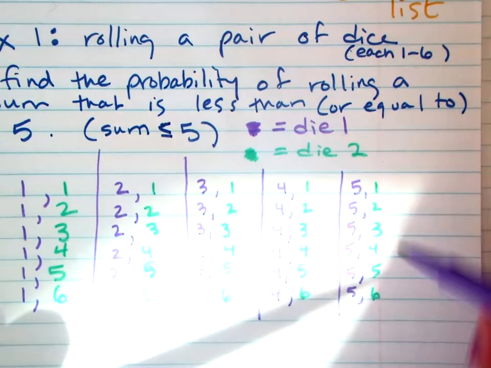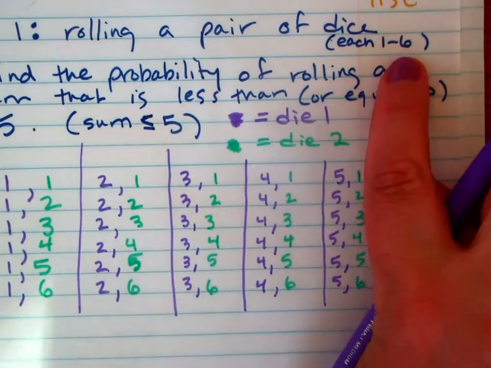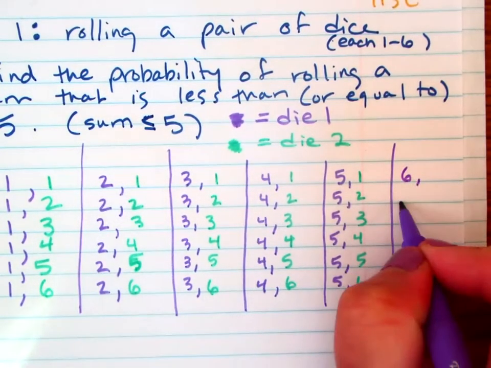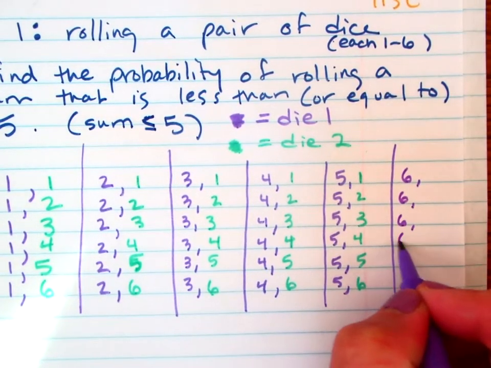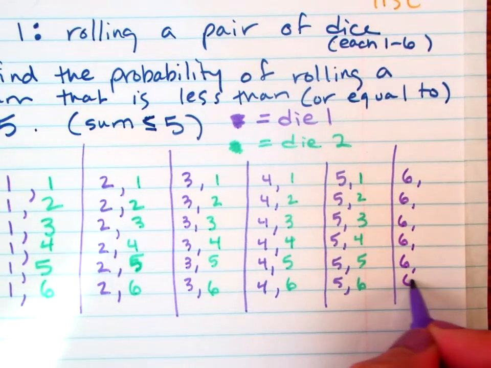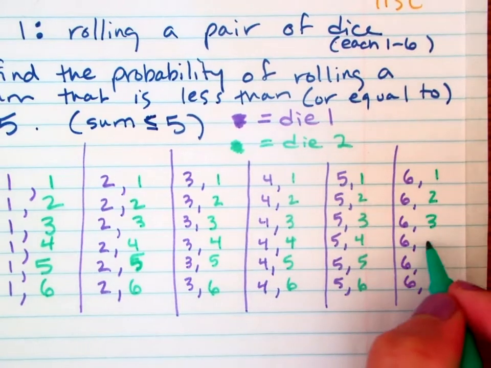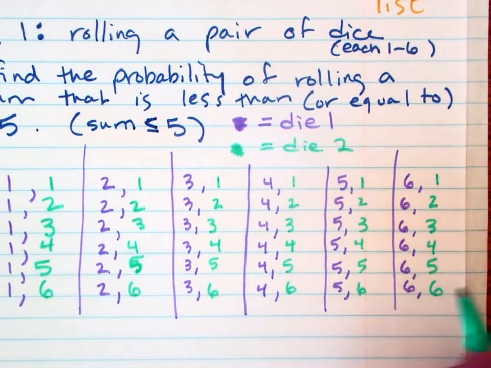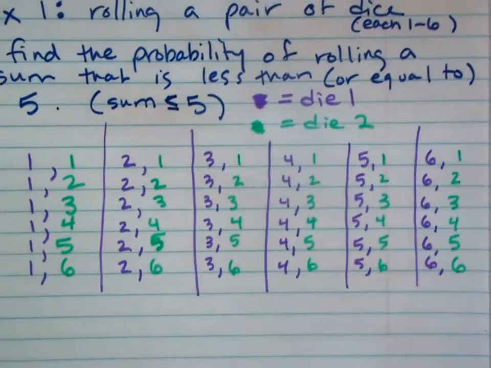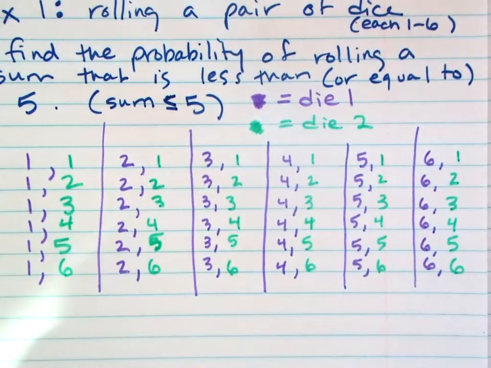And the very last possibility, because it's only a die that goes 1 through 6, would be 6 on the purple die, and then either a 1, 2, 3, 4, 5, or 6 on the die that's represented by green. So there are all of our possible outcomes.